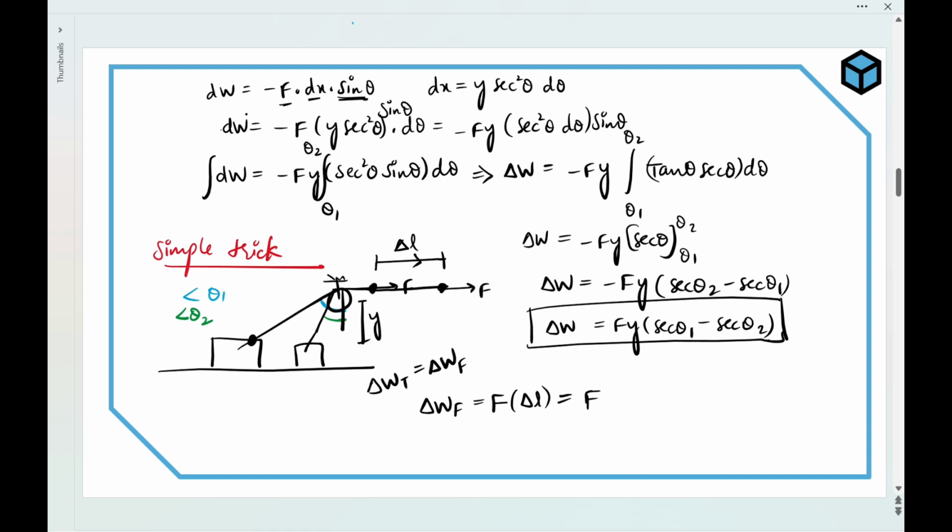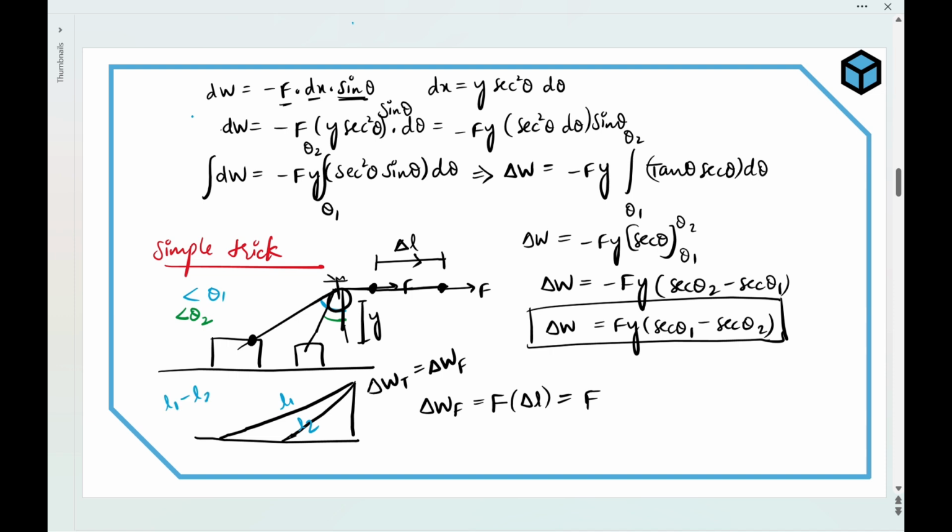So to find delta L is very easy here, because now we have two triangles like this. If you draw it clearly, the length which it moved is the difference between, let's say, this is L1 and this is L2 length.